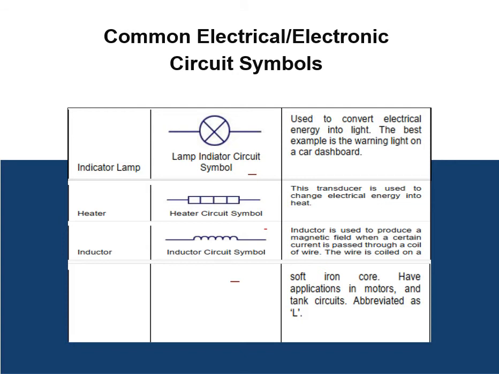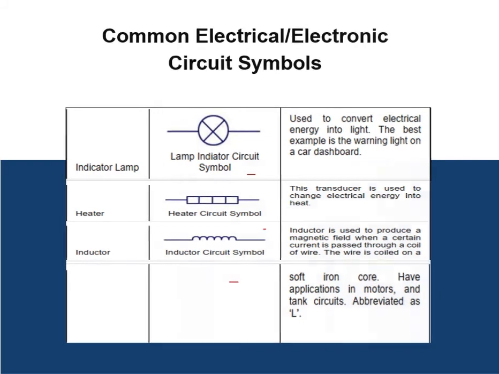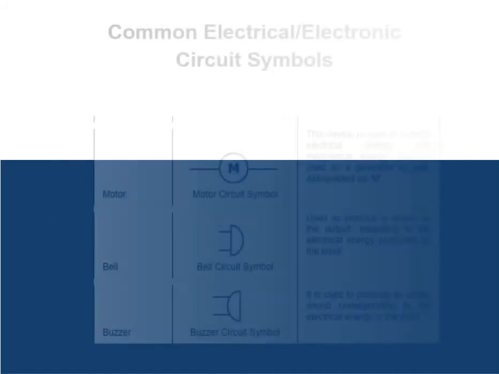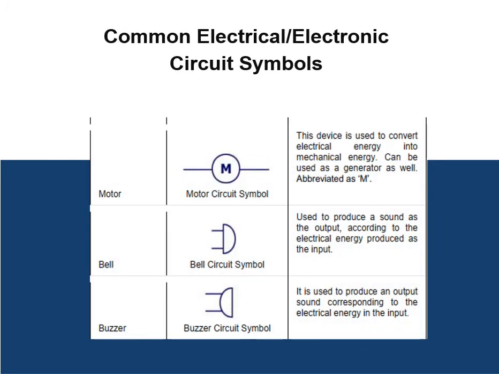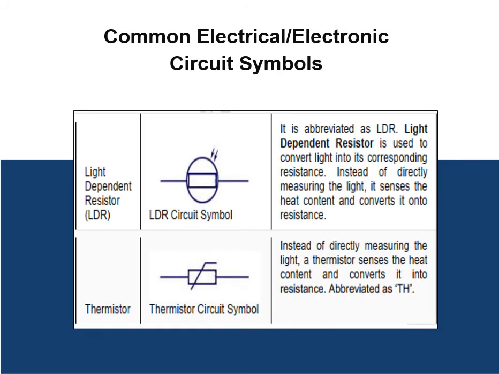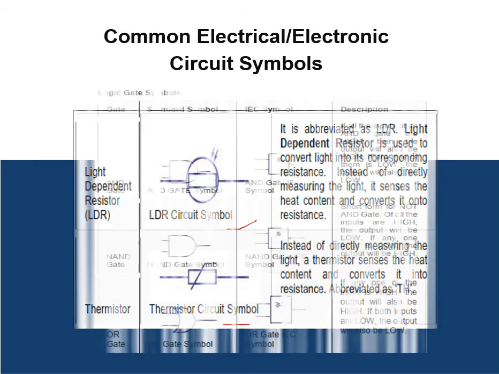The wire is wound on a soft iron core and has applications in motors and tank circuits. Motor, bell, buzzer. Light dependent resistor, the thermistor.